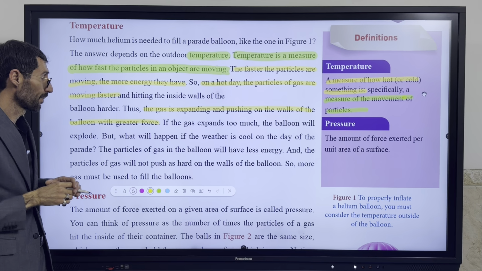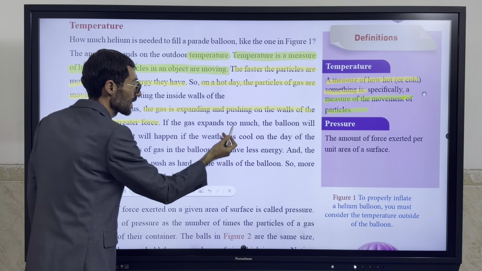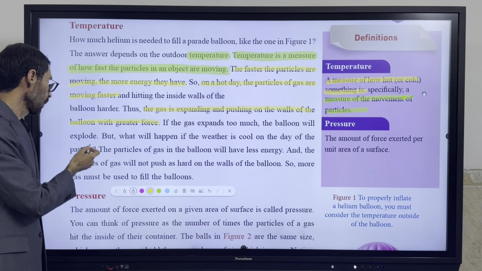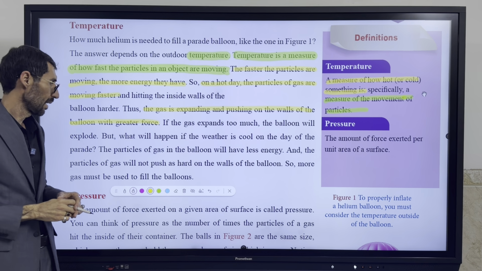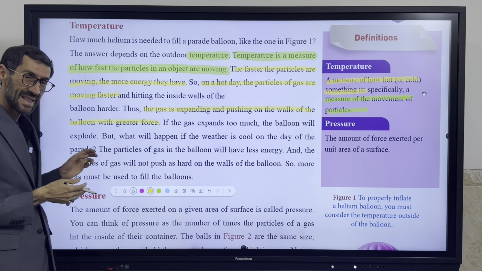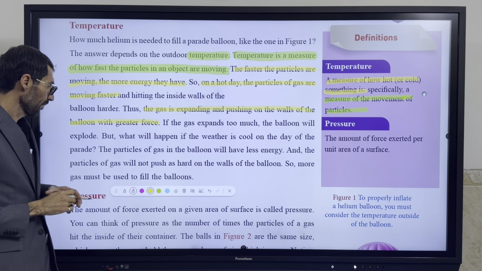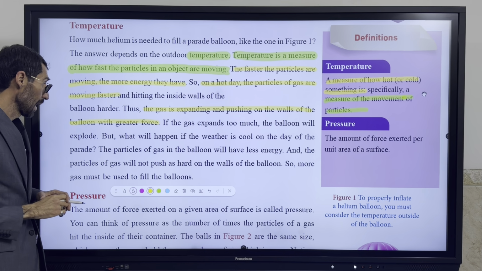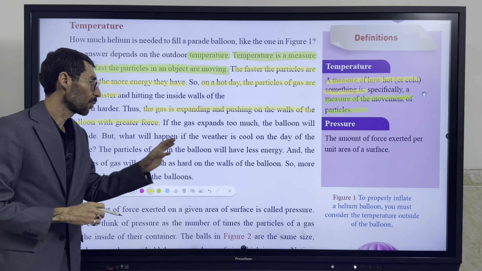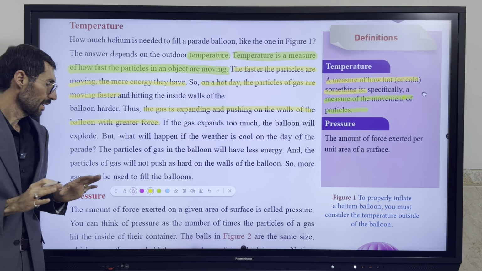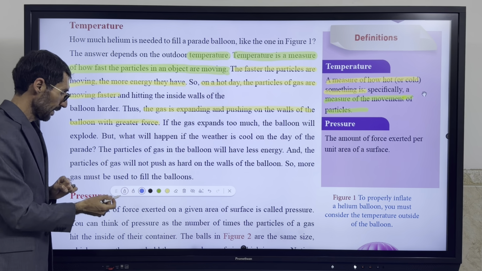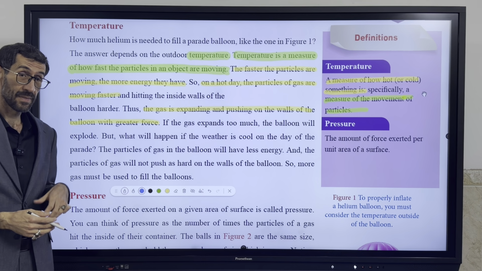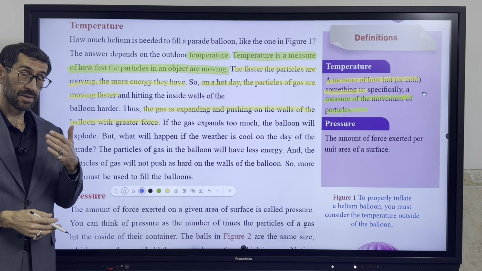It says if the gas expands too much, the balloon will explode. Leave this information. But what will happen if the weather is cool? First, I'm going to number the consequences due to the rising temperature.